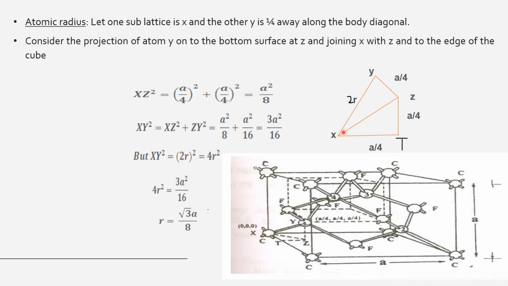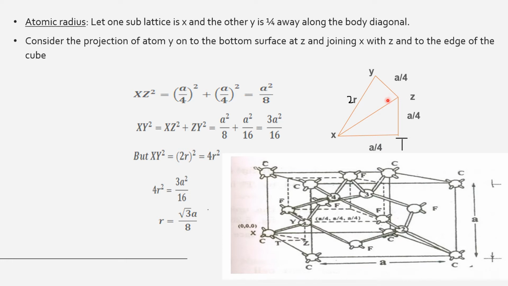So consider this triangle XZT. Apply the Pythagoras theorem and find XZ square. XZ square is equal to (a/4) the whole square plus (a/4) the whole square, and that is equal to a square by 8. Now consider this triangle XYZ.